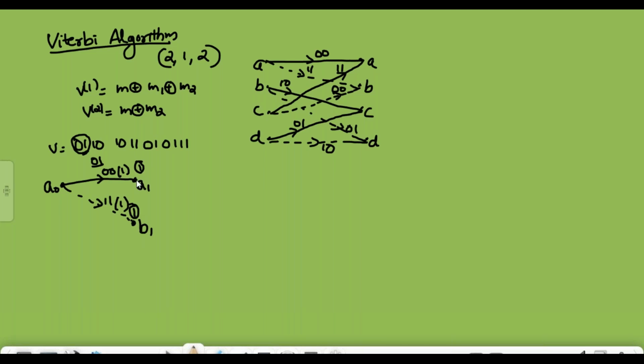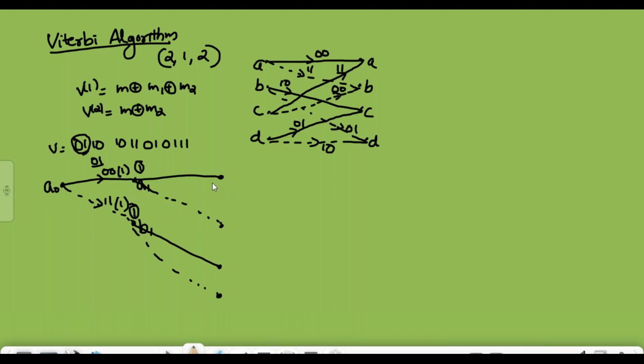There are four possibilities. Here A0 is written for the first state, the starting stage. Then in the next stage we have represented A1 and B1.